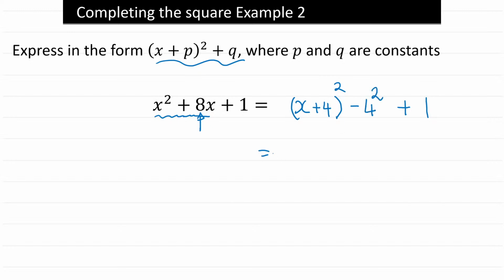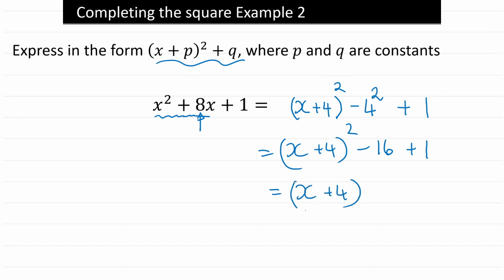So this is now going to be x plus 4 squared minus 16 plus 1. So the final answer to this is x plus 4 squared minus 15. Minus 16 plus 1 is minus 15.